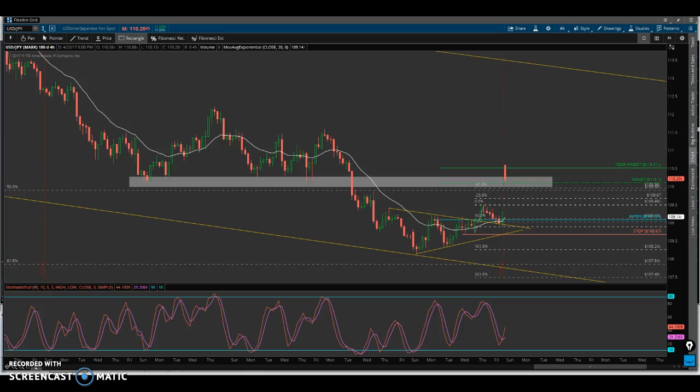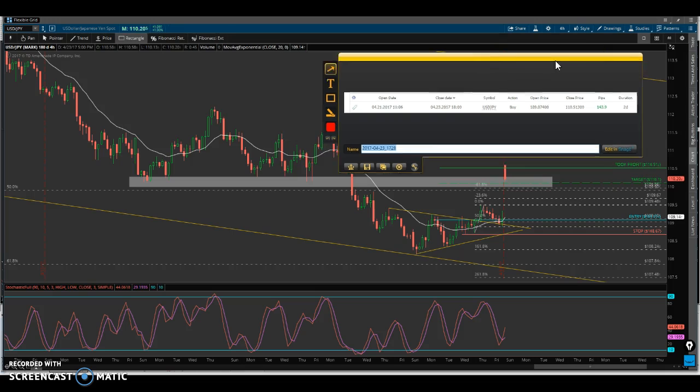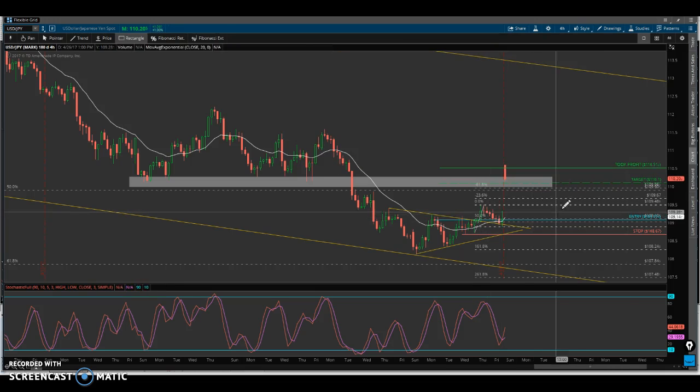Let me bring this up here. This was about a 144 pip trade. So yeah, I entered right there on Friday, and this is where I closed it out. So most of this time was just over the weekend hold. So not a bad little trade.